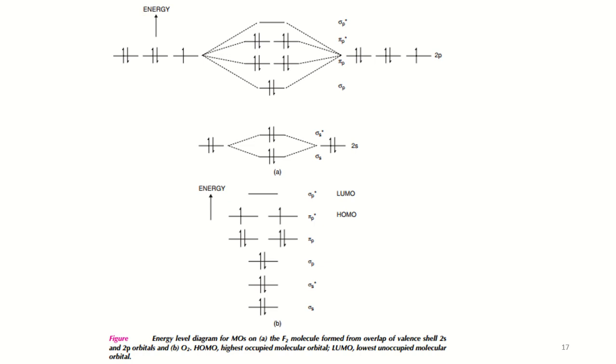The highest occupied molecular orbitals are pi star p molecular orbitals, leaving the sigma star p molecular orbital empty. The net effect is that the fluorine F2 molecule is held together by a single covalent bond with a pair of electrons in the sigma p orbital. The energy level diagram for oxygen is shown in B. But there are two electrons less to occupy the molecular orbitals.